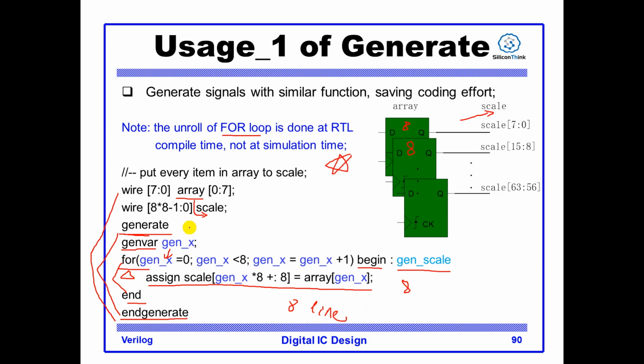To use generate, you have to know the keyword generate, and you can define a variable using genvar, and it will be used with a for loop. And the for loop here will not generate any logic, as it is unrolled at compile time. So there will be no data comparator.